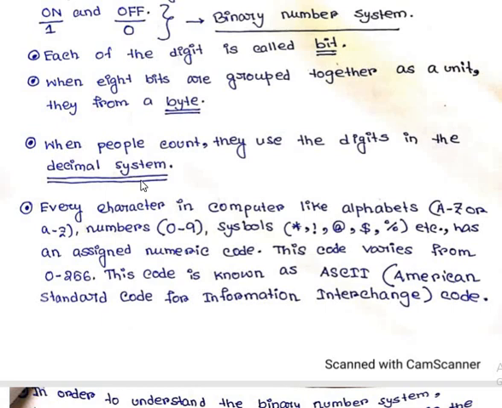This code varies from 0 to 256. Any of the numbers 0 to 256 are assigned to each of these characters. So this is called ASCII. The full form of ASCII is American Standard Code for Information Interchange. Let me read it once again. The full form of ASCII is American Standard Code for Information Interchange.